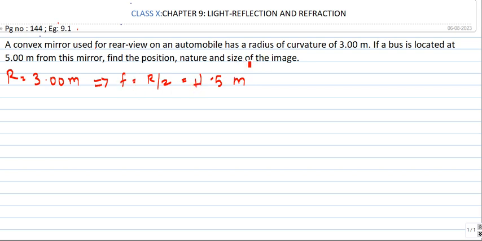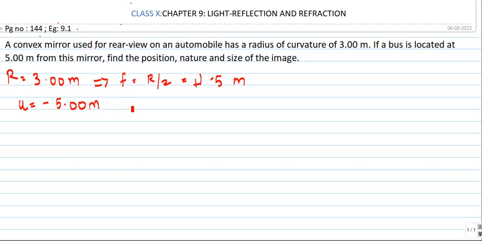If a bus is located at 5 meters from this mirror, meaning your object, which is the bus, is located 5 meters from the mirror, the distance of the object is minus 5 meters, because it is in front of the mirror. When we use the new Cartesian sign convention, it is to the left of the pole, so you have a negative sign.